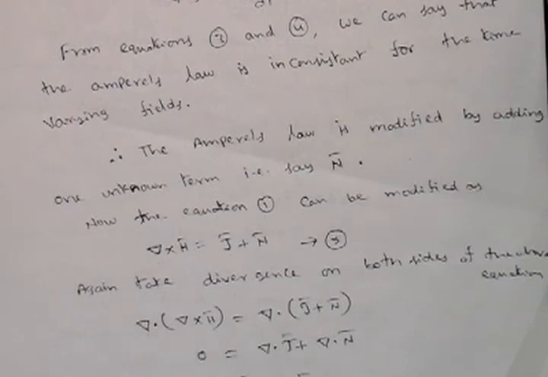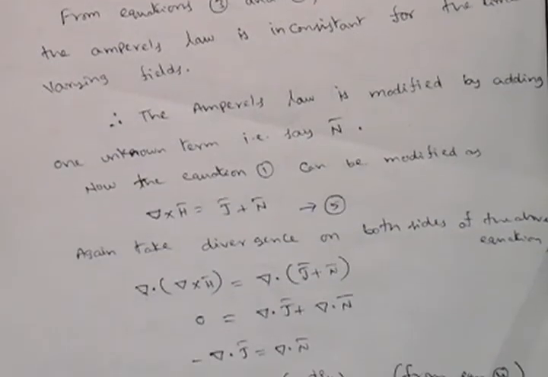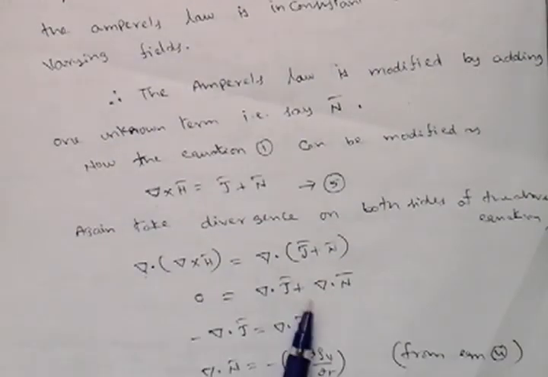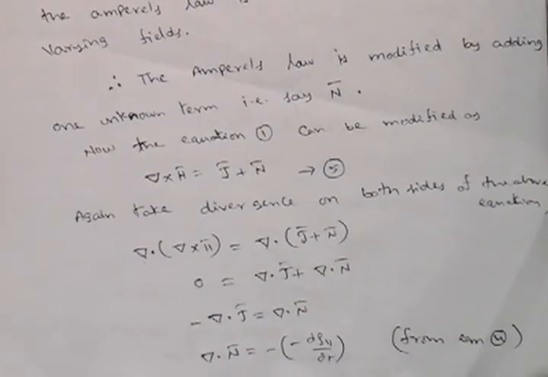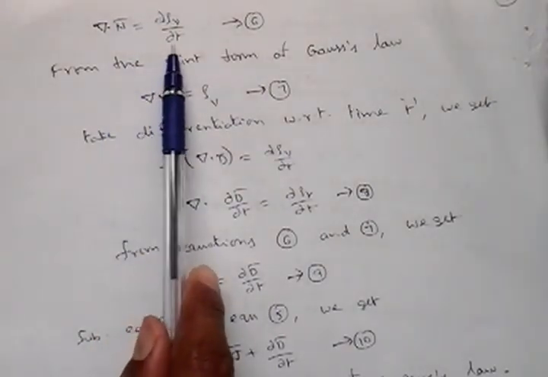So this side is 0, and finally del dot n bar is equal to minus del dot J bar. But del dot J bar is equal to minus dou rho V by dou T as per the continuity equation. Finally, del dot n bar is equal to minus of minus dou rho V by dou T, so del dot n bar is equal to dou rho V by dou T.